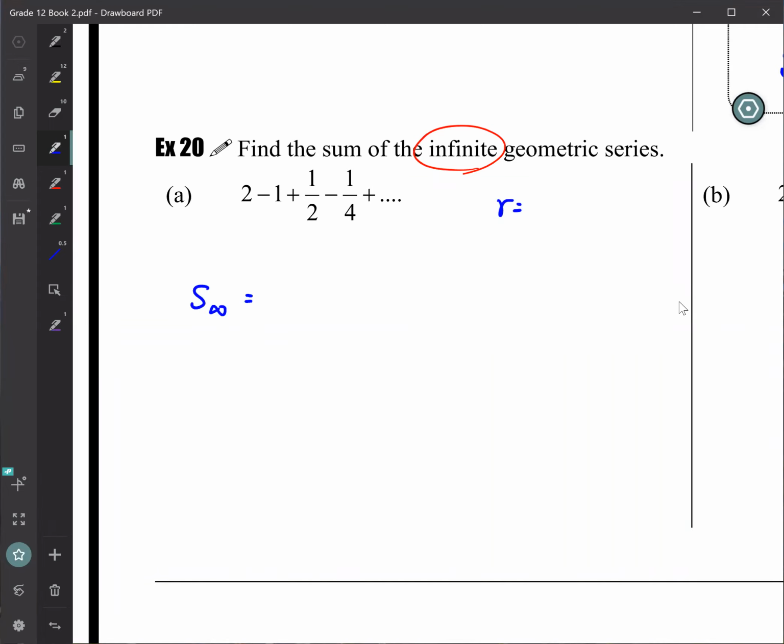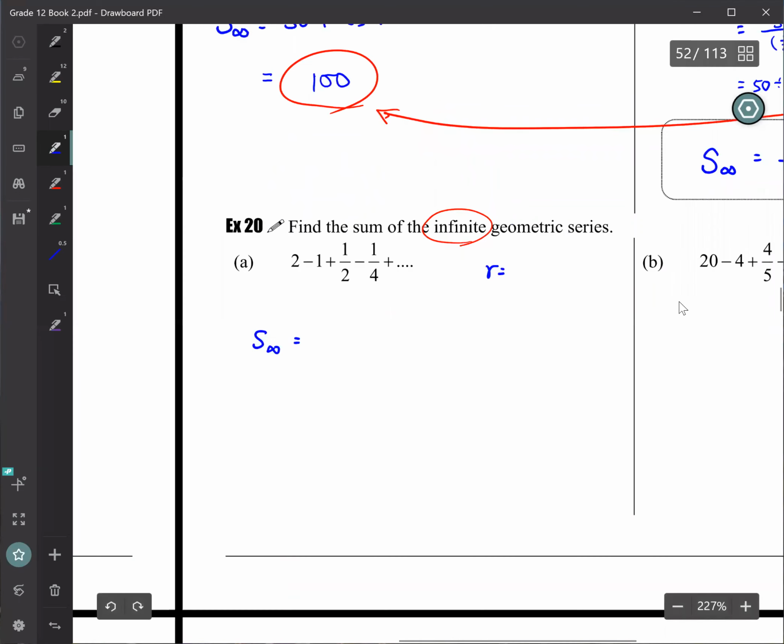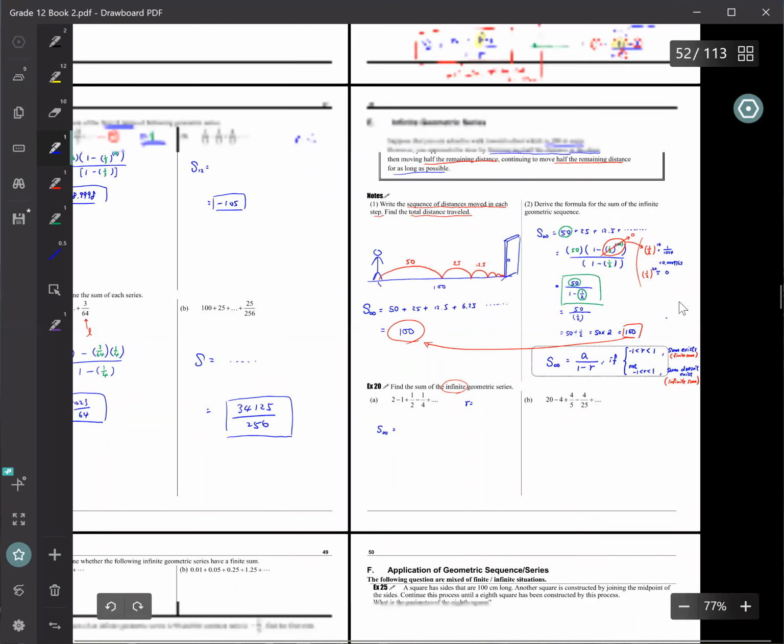Kelly? 2. How do you know it's 2? Because it's the first term. The ratio is not the first term.